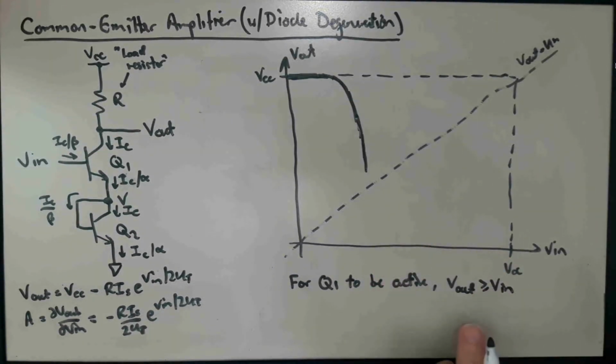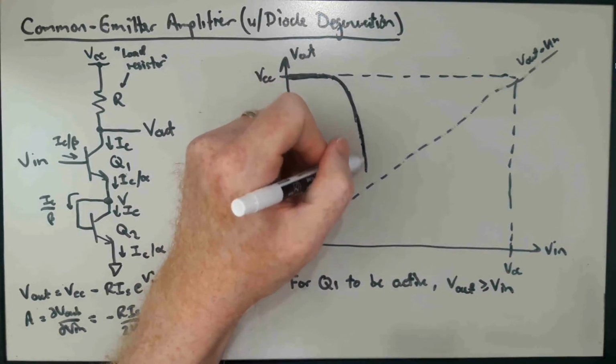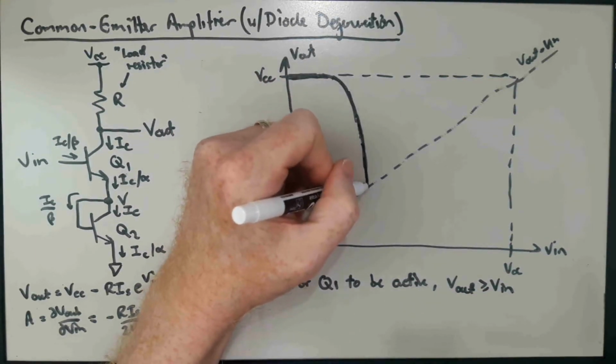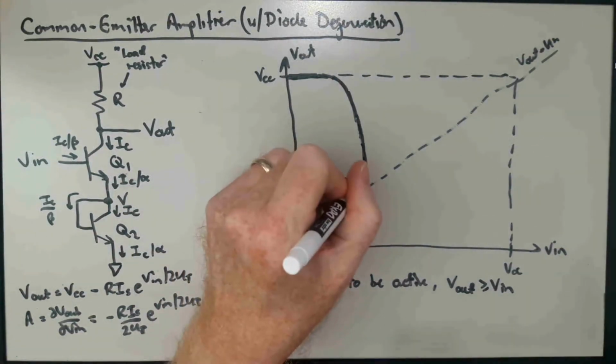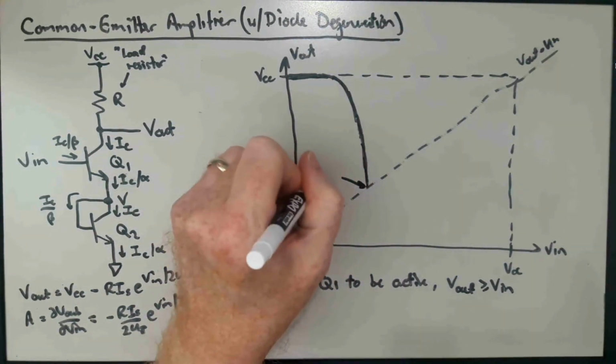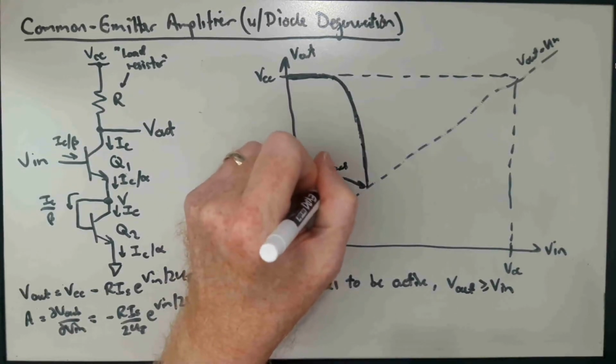So the collector has to be at least as high as the base for Q1 to be active. Okay, so when does Q1 leave the active region? Well, Vout is greater than Vn when this curve is above this identity line. Okay, so Q1 leaves forward active region right there.